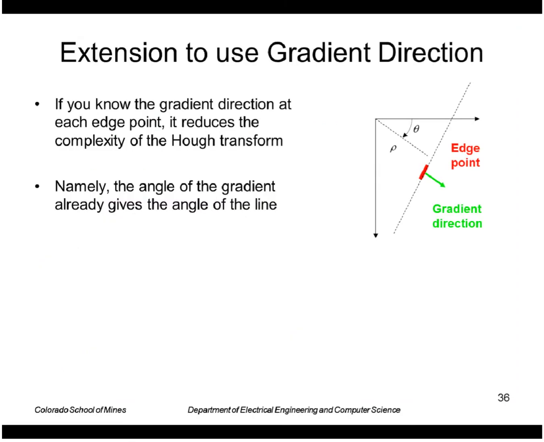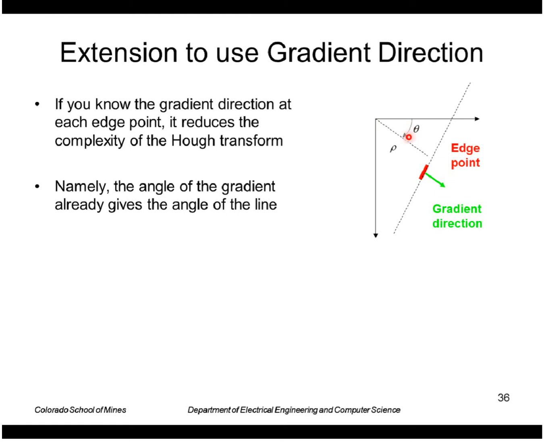Just a couple other notes on the Hough transform. You can make it more efficient by using the gradient direction. So right now, up to now, we've just used the location of an edge point, but most edge operators will return a direction as well. So if you use the gradient direction, that is essentially the same direction as this perpendicular vector.